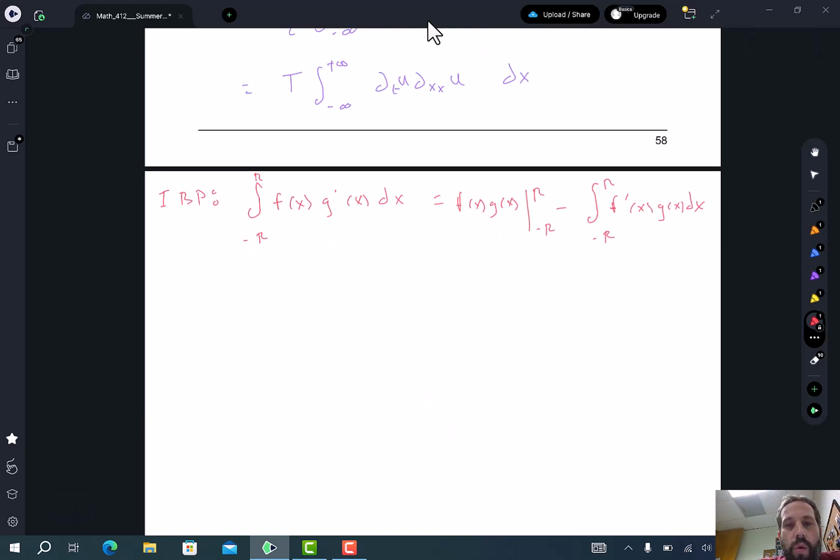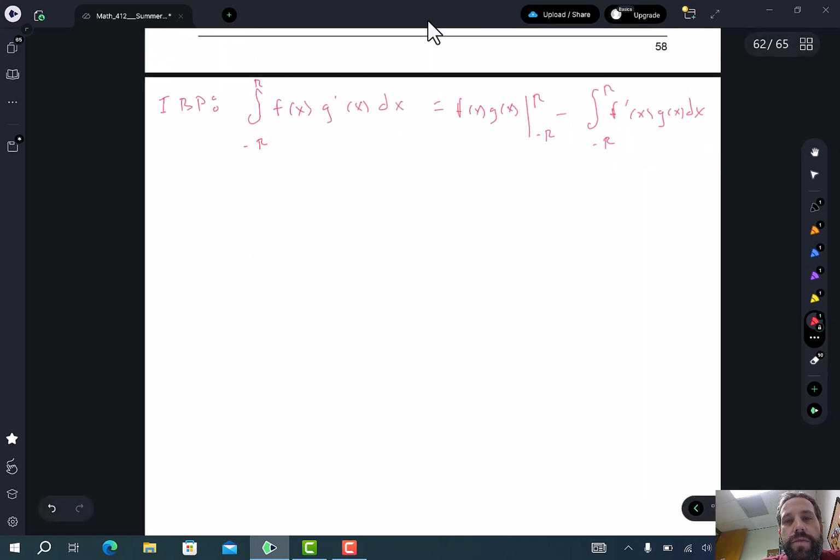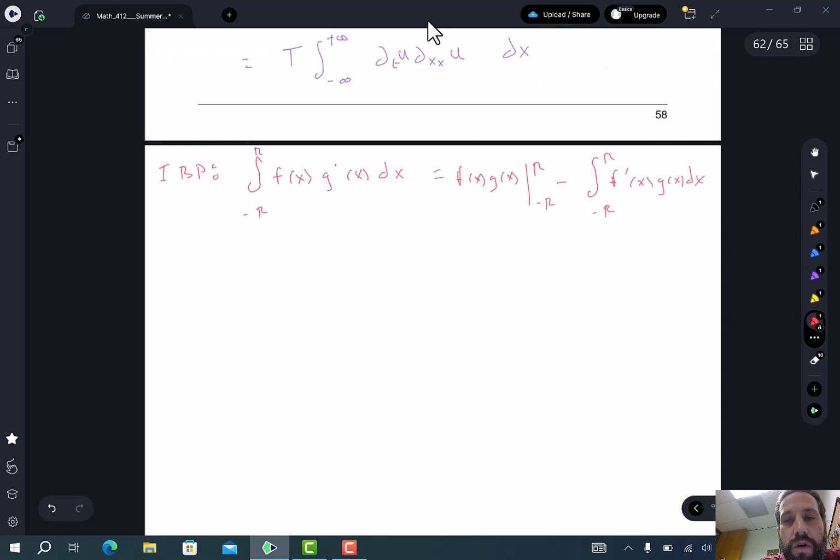Okay, well, let's assume that f and g both have compact support, meaning for some value of r, they are 0 after r and before minus r. So I want to assume that f and g are both 0 outside of some big interval.